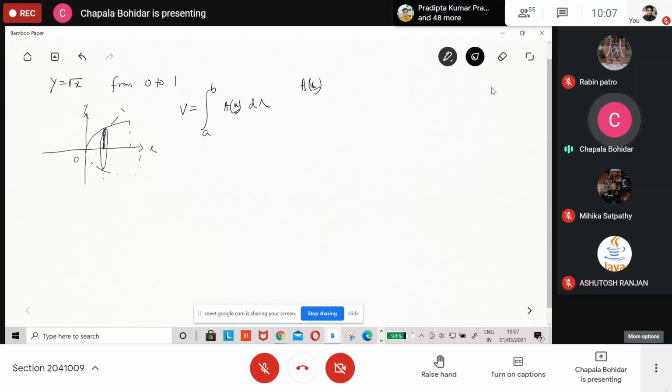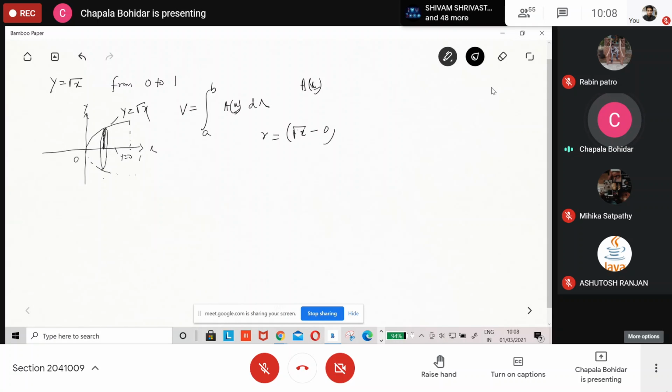It is our y equals root x, and y equals 0. This line. So when you find our radius, r is equal to f(x) minus g(x). f(x) is our y, root x, minus 0. g(x) is our 0.